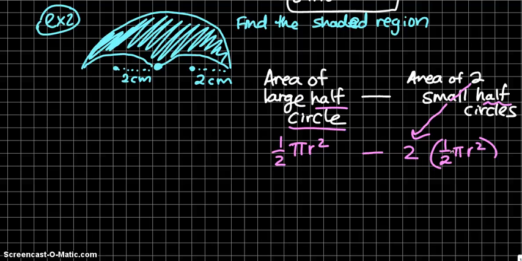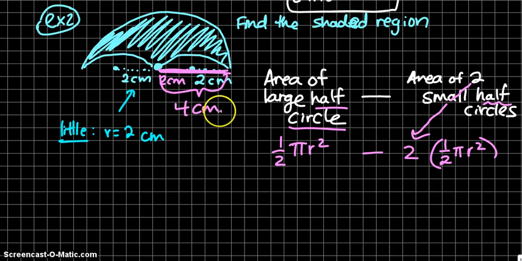Looking at this, my little circles have a radius of 2. Now to find the radius of my bigger circle, assuming that's a radius, then this little part right there must also be 2 centimeters. So for my big circle, the radius is 4 centimeters.